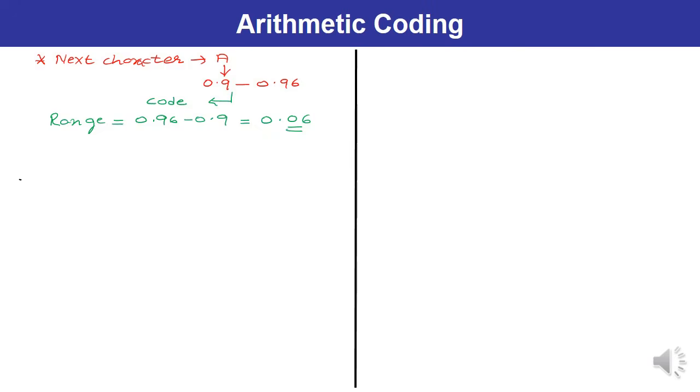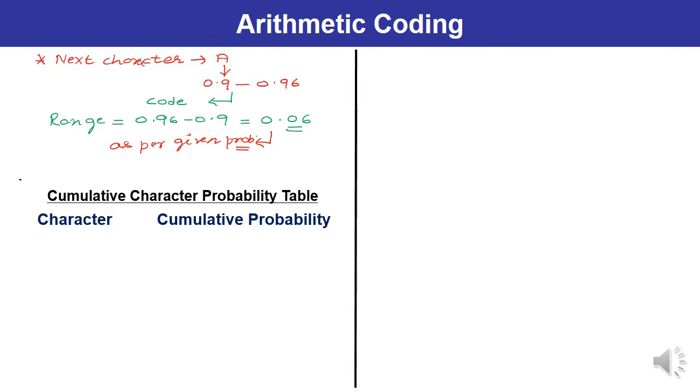It means now this particular 0.06 range is to be divided among the symbols according to the given probability. So again, you need to draw the cumulative character probability table. Now let us plot it. First character is what?